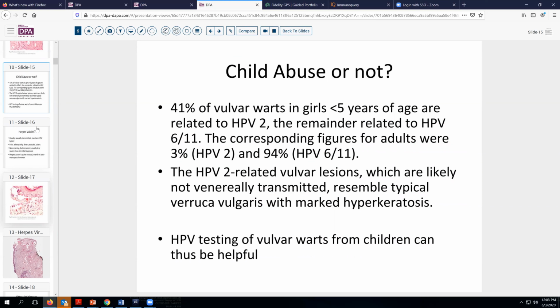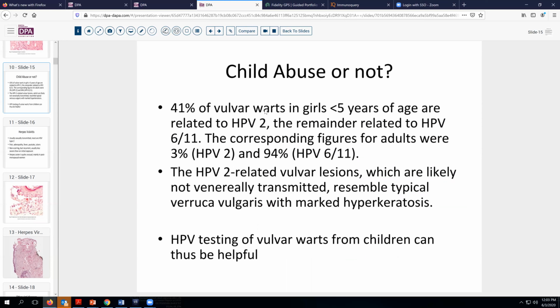That's specifically because many of these HPV-2 lesions, which can cause vulvar warts, are more common in the young adolescent age group, and are not related to sexual transmission.